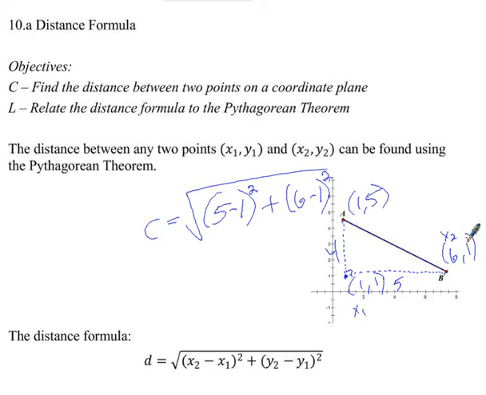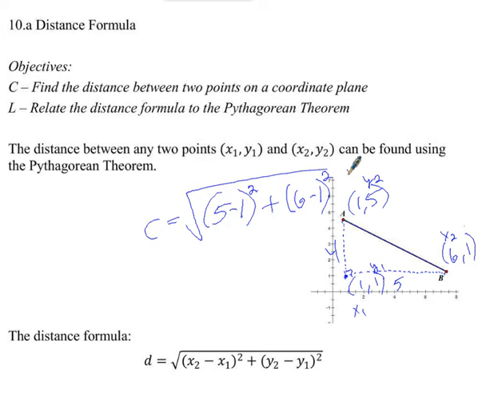This would be y2, and this would be y1. So your x2 minus x1 gives you this guy right here. You square it just like we did up here. The y2 minus y1 gives you this guy right here. Square it, and you got it.